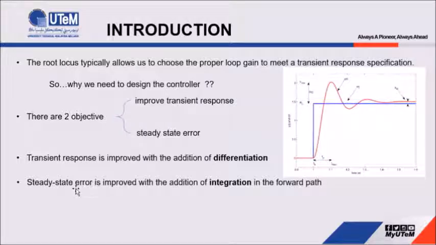In order to improve the transient response, we can add differentiation. What is differentiation? I will show you later on. Next, to improve the steady state error at this part, we can use integration in the forward part. What is integration? I will show you later on.